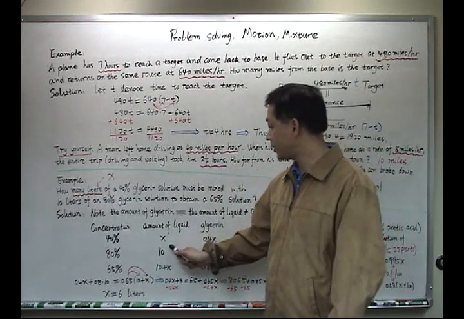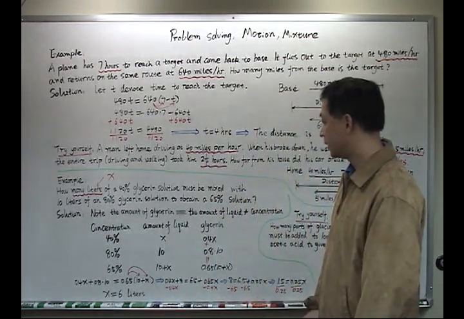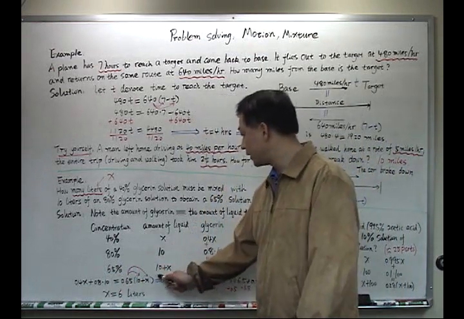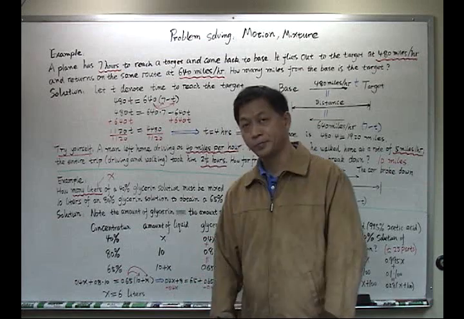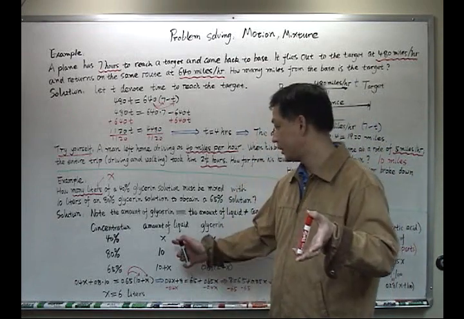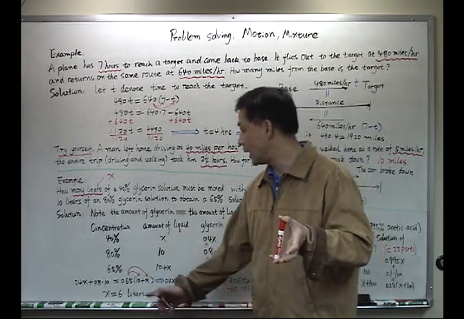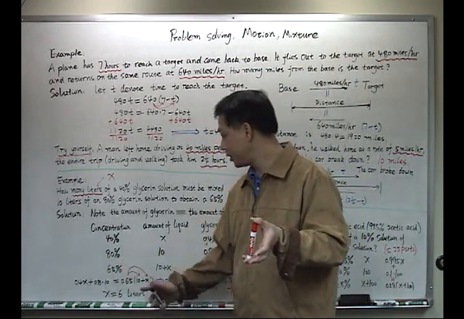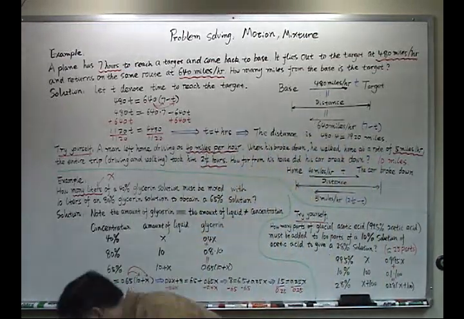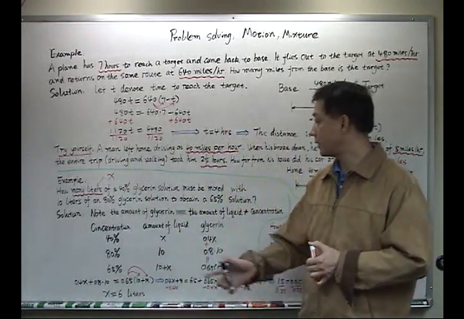So it has to be X plus 10 together. You put 1 cup with 40% liquid, the amount is X. Another cup is 80%, the amount is 10 liters. Put together, the amount of liquid would be 10 plus X.